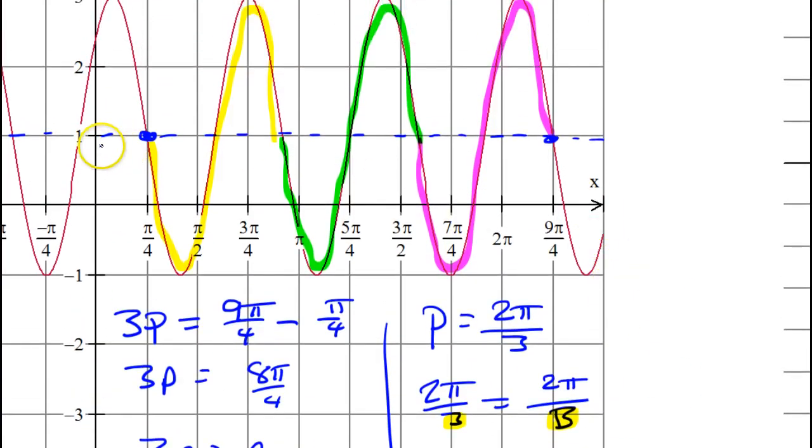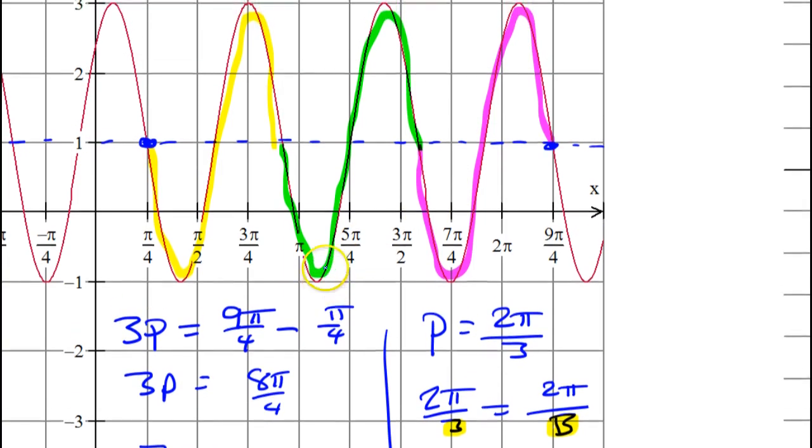Alright, for the phase shift we just need to pick a period that we want to start with. It helps if it starts right on a number, one of the given values. So I'm going to use the yellow period, even though it's upside down. That's fine. It's not a big deal. I like that it starts right on the mark. So that is pi over 4.